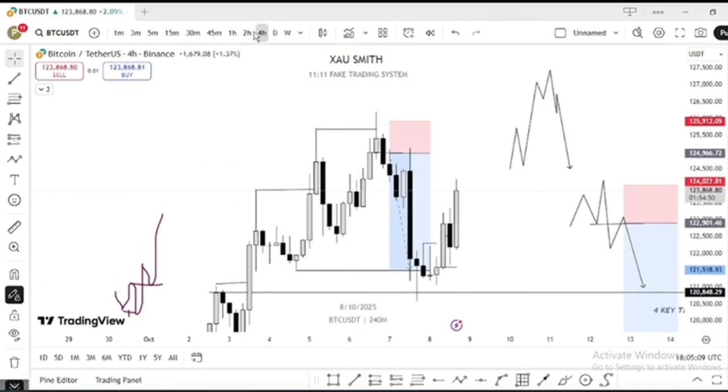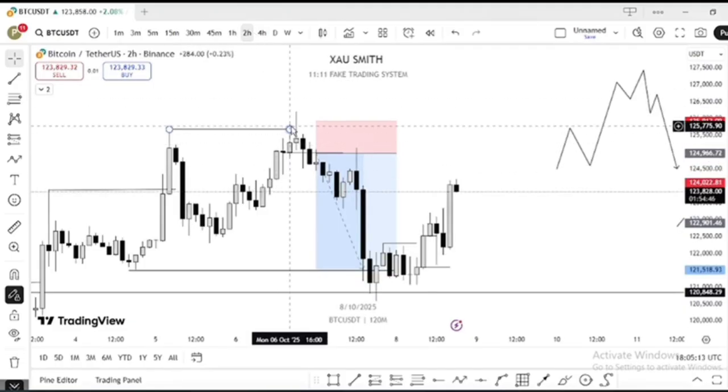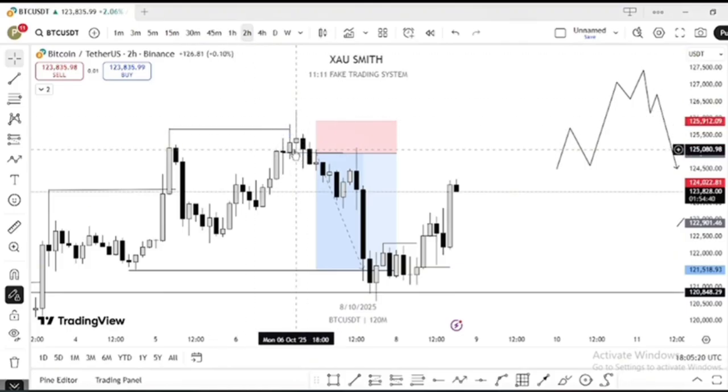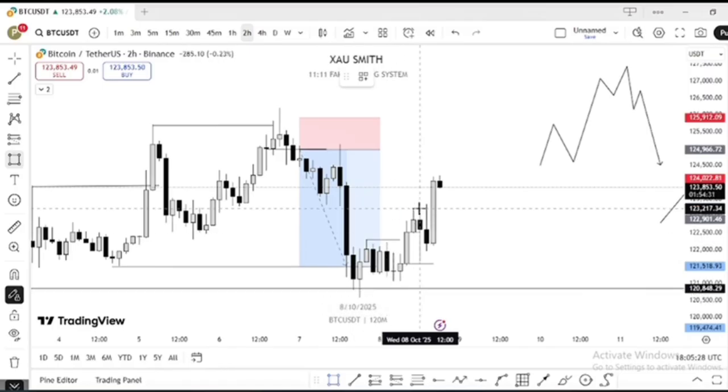So immediately I saw that, I went to the 2 hours here and I saw my liquidity sweep. If you go lower, fine, but if you go to the lower time frame, it's very clear. I saw it here and I understood that this was a swing high. If you understand that, these candlesticks too talk about something.